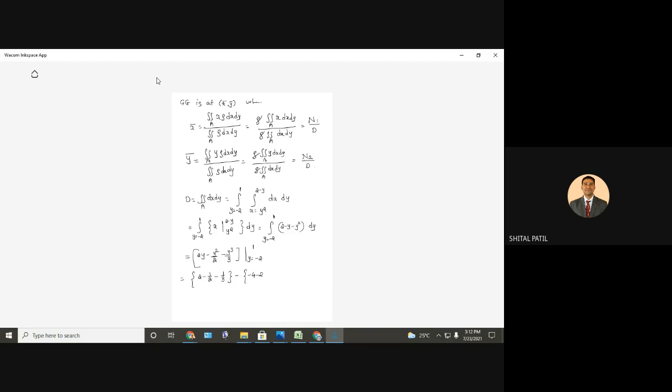Minus minus plus 8 by 3. Simplify this. 2 minus, what does 2 minus come to? 5 by 6. 2 minus 5 by 6 is 7 by 6.